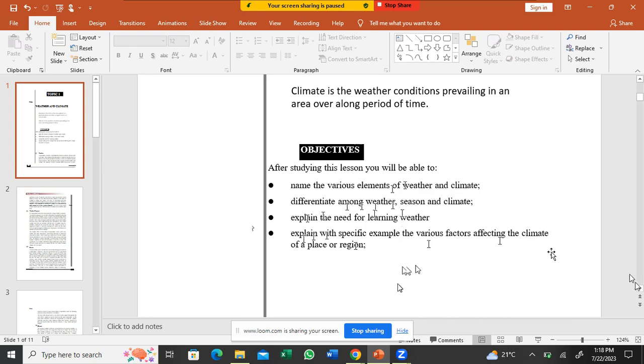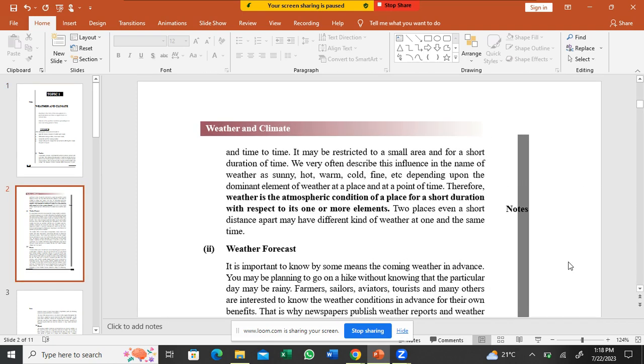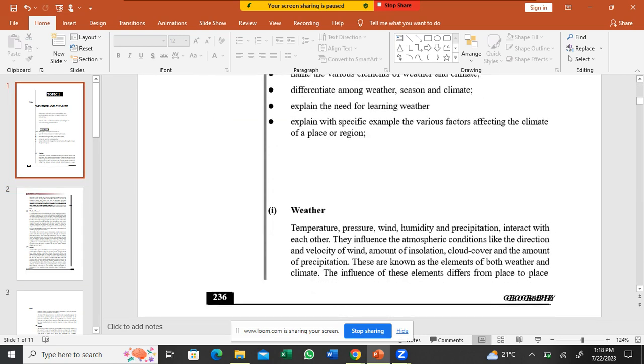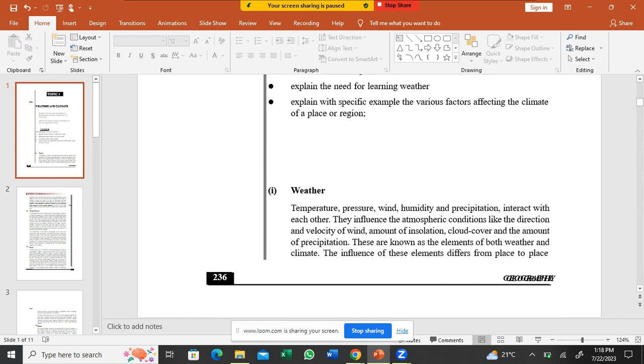So, allow me to introduce this class. Just to start, weather. We have said that weather is the atmospheric conditions of a particular place at a certain time.